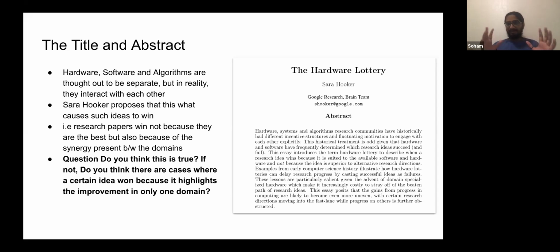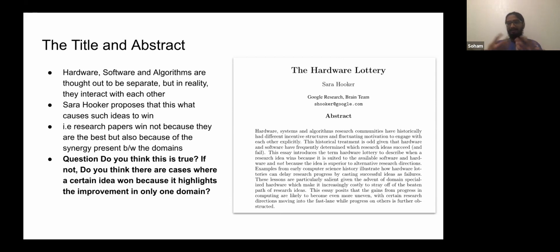Just by reading the abstract, you can tell that what the author is talking about here is that people think hardware, software, and algorithms are separate, but in reality they interact with each other, right?